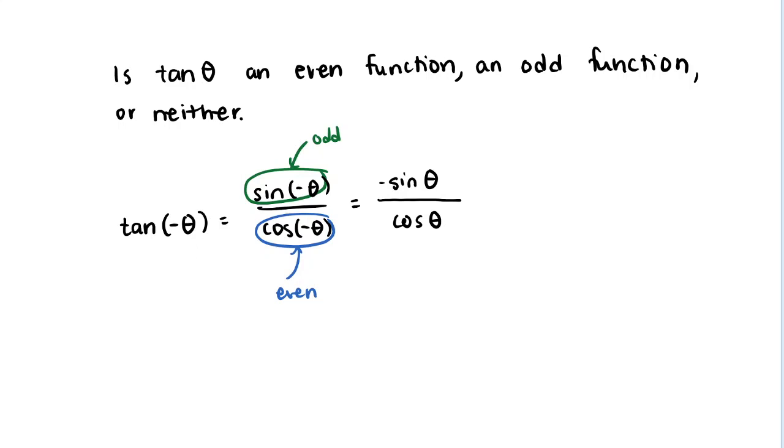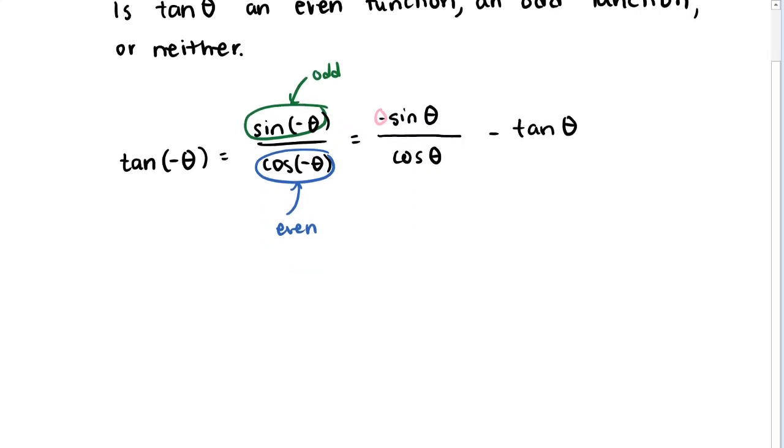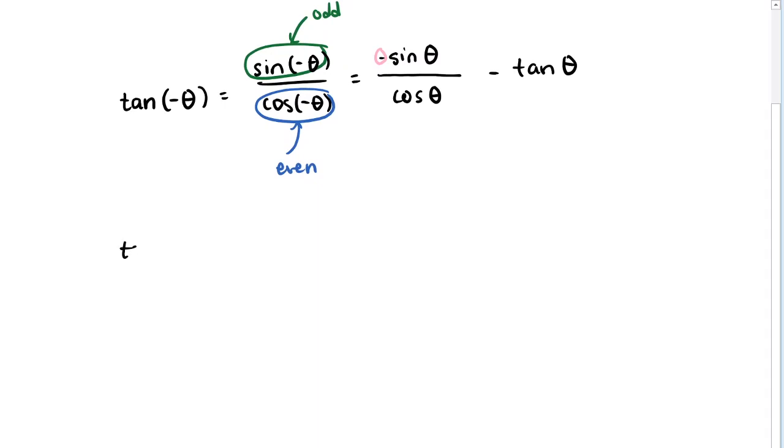So in other words, taking sine of theta and negating it. And then here, this is almost the tangent function, but it's got this extra negative sign, right? So this is just the same as negative tangent of theta, and that's exactly what it means for a function to be odd, right?